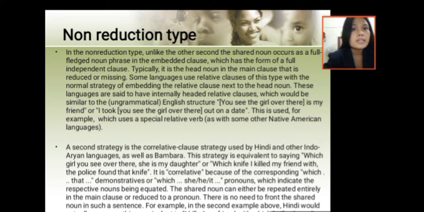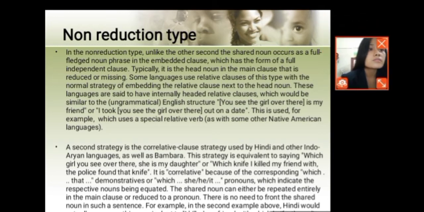Non-reduction type. In the non-reduction type, unlike the other strategies, the shared noun occurs as a full-fledged noun phrase in the embedded clause, which has the form of a full independent clause. Typically, it is the head noun in the main clause that is reduced or missing.